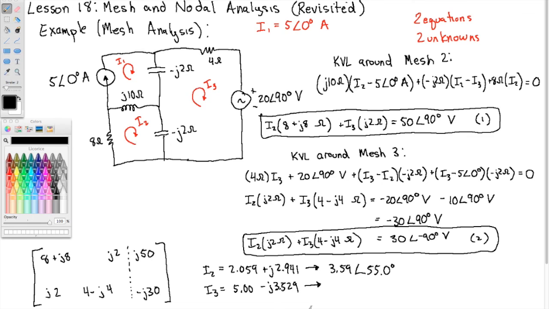All right, now I'm going to repeat this, but for I3. So ask Matlab for the magnitude of that number. You can use the command ABS. Okay, so the magnitude of this number is 6.12.